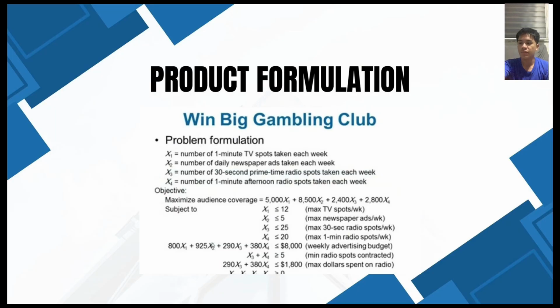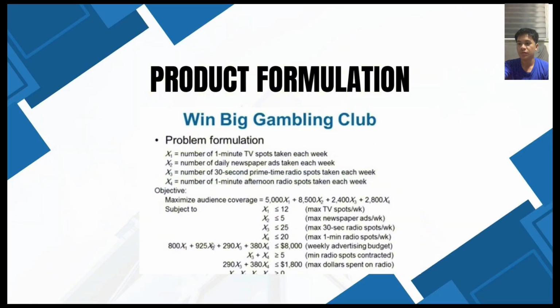So the objective is to maximize audience coverage. The formula for the maximum audience coverage is 5,000 times x sub 1 plus 8,500 x sub 2 plus 2,400 x sub 3 plus 2,800 x sub 4. Subject to x1 is less than or equal to 12, which is the max TV spots per week.